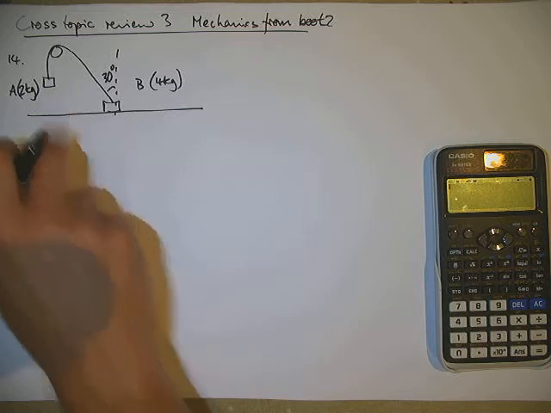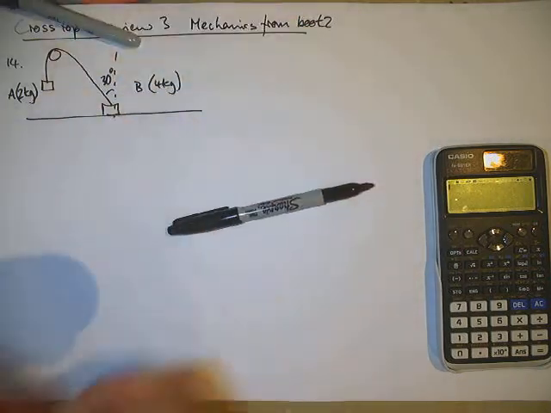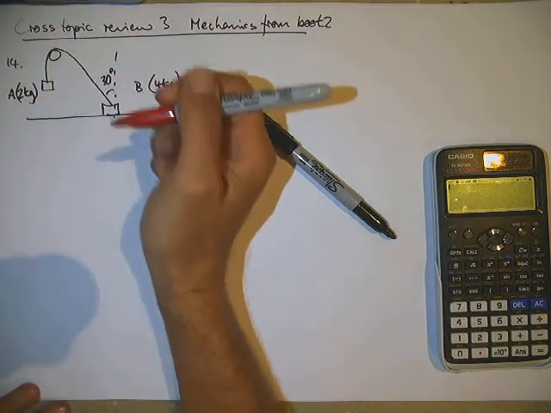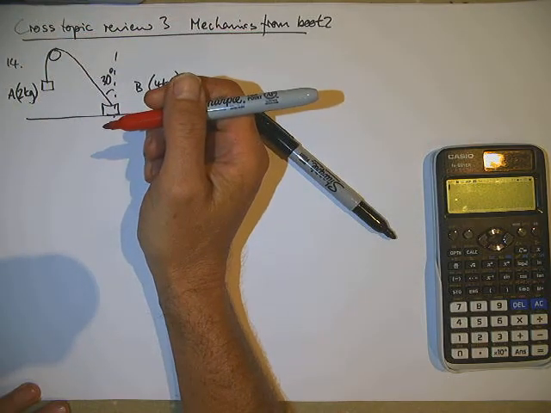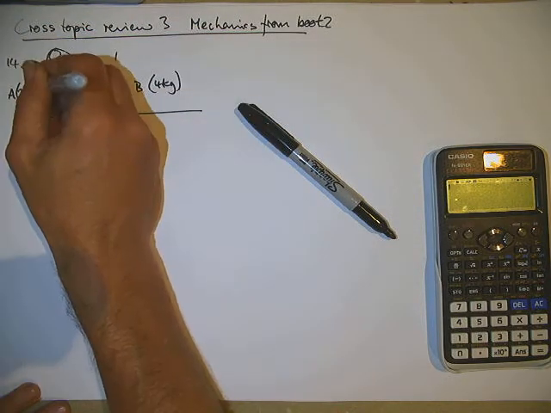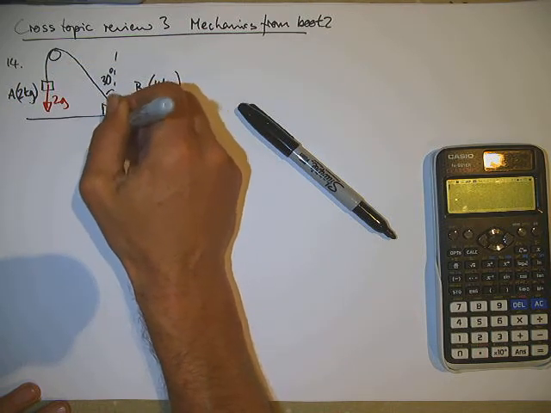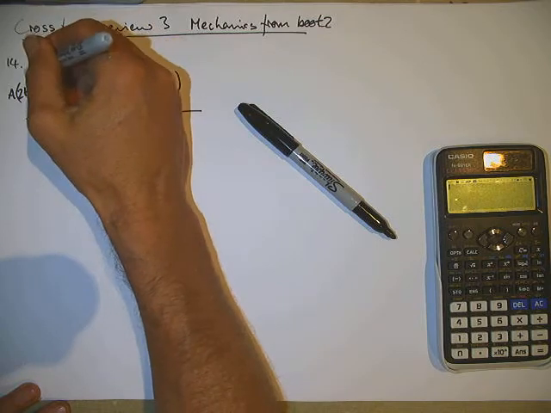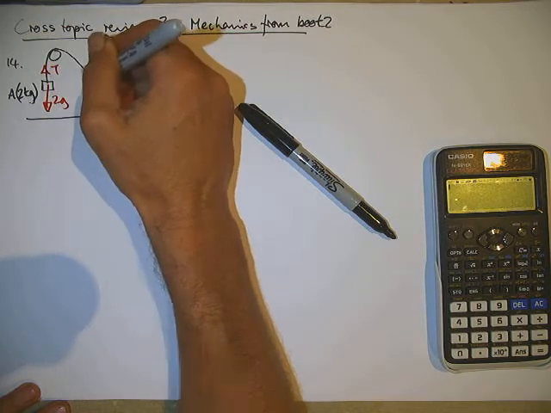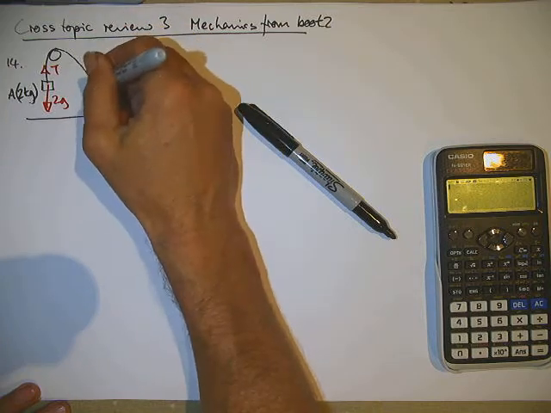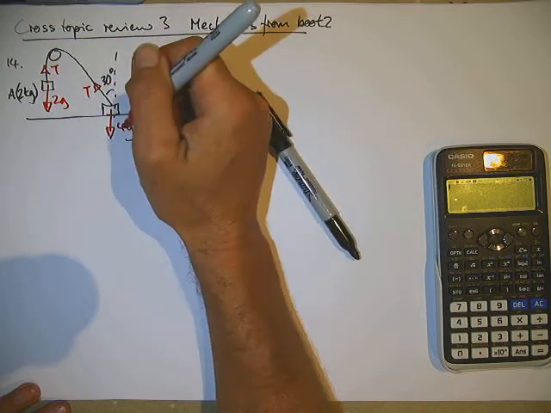Now the question starts in a particular way. I don't think I'd be able to go any further than this in the question without putting some forces on the diagram. So, weight, connected by a string, so there's a tension. Because that's smooth, that peg there, the tension's the same at both ends of the string.